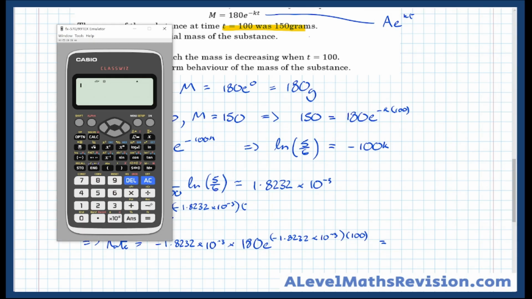So we've got negative, then alpha, then the button we want, which is A, times 180e to the power of negative A times 100, which is negative 0.27348.